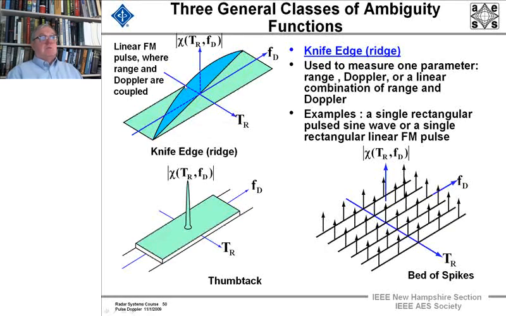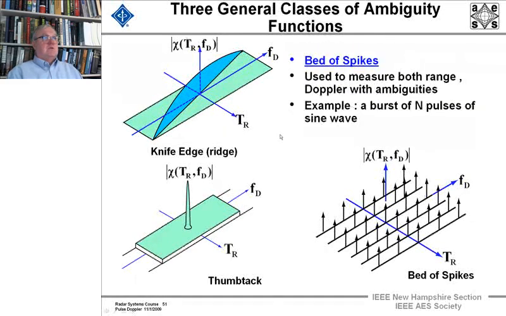It says it's ambiguous as to where it is, how much of the response is due to the Doppler of the target and how much is range, but it's along this curve, the ridge.